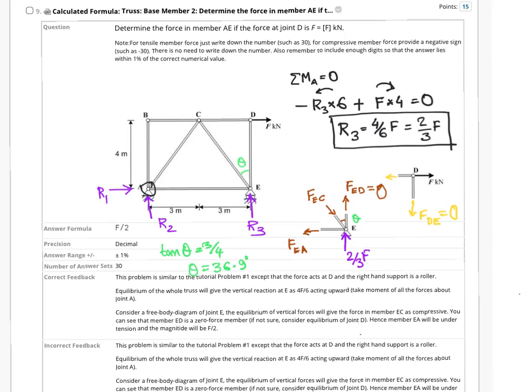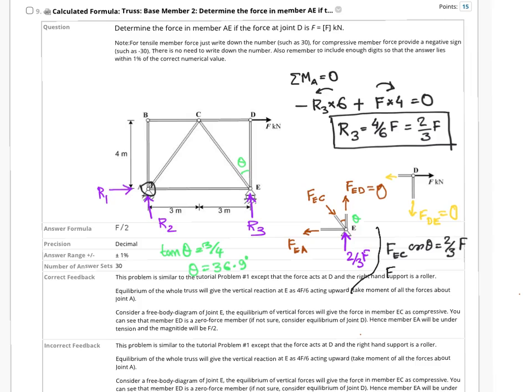Then you need to find out that FEC's vertical component, which would be cosine theta, is 2/3 F. So putting back theta equal to 36.9 degree, we can find the value of FEC.